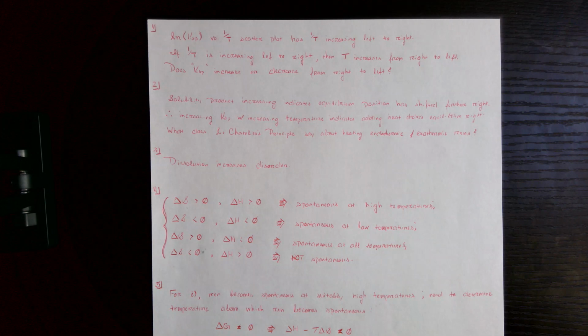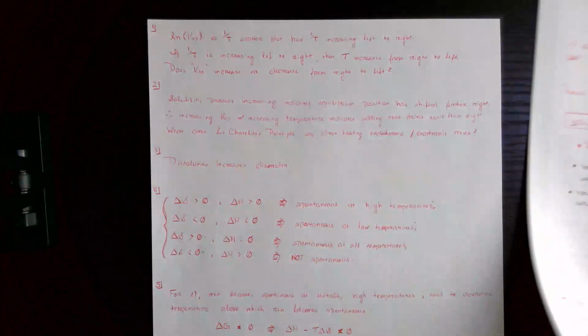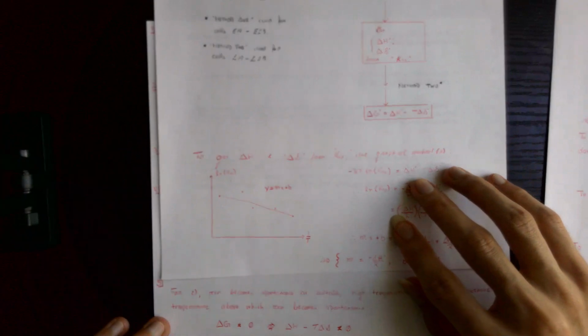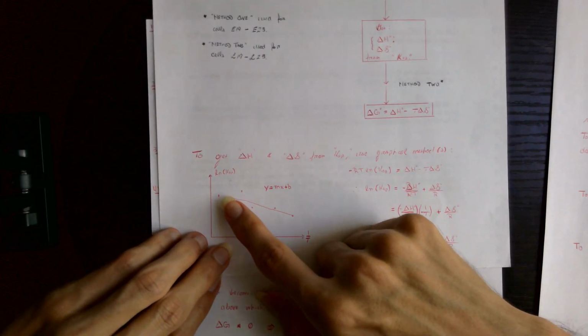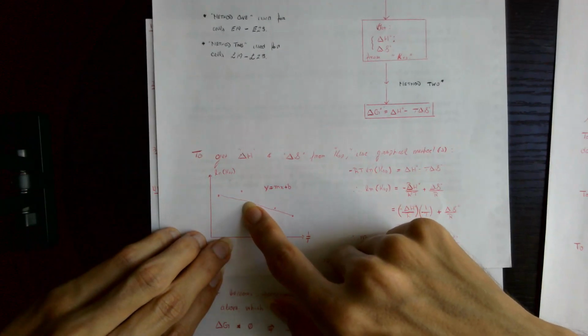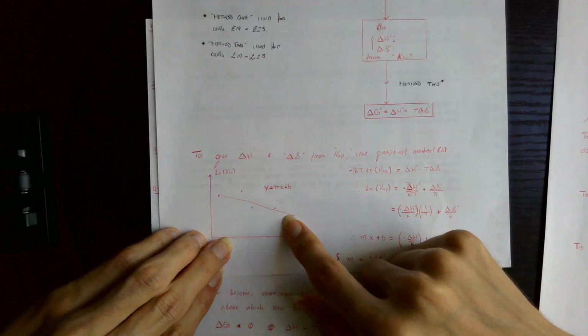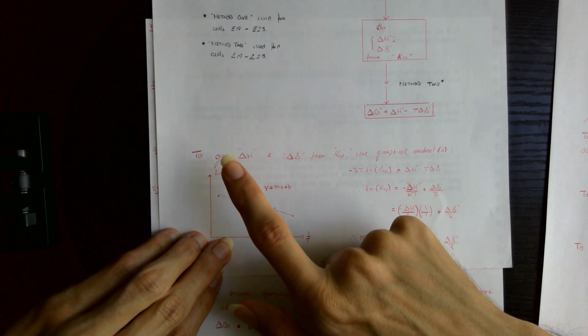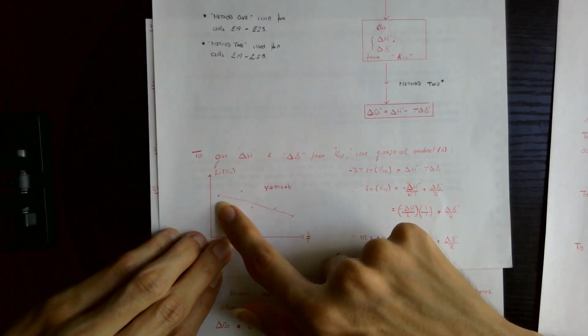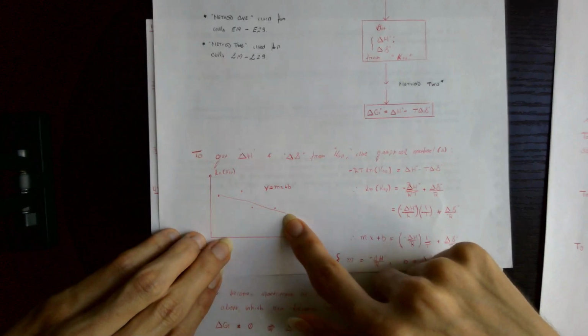This question trips a lot of people up, and the reason is that if you look at my sketch of the plot, oftentimes people see this downward slide here, and without really thinking about it, they say that the solubility product decreases with temperature because it's going down.